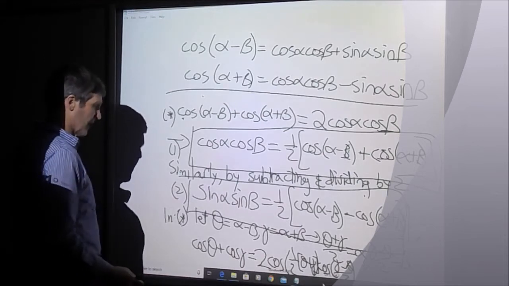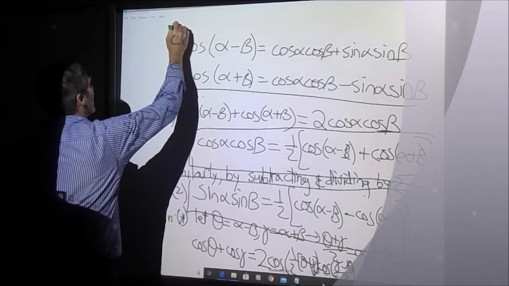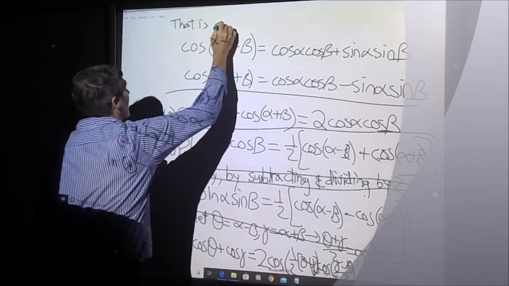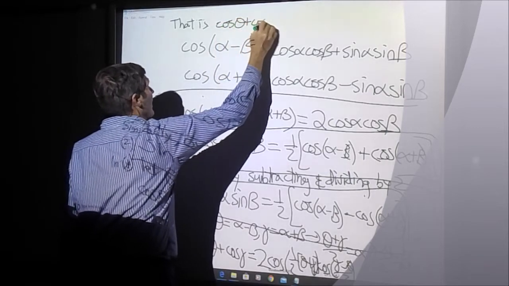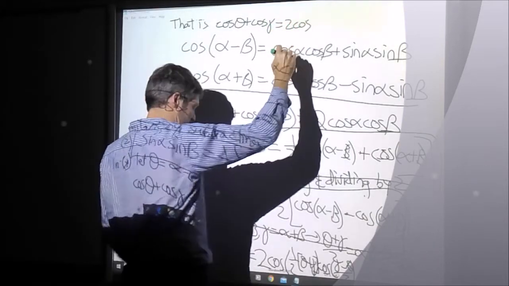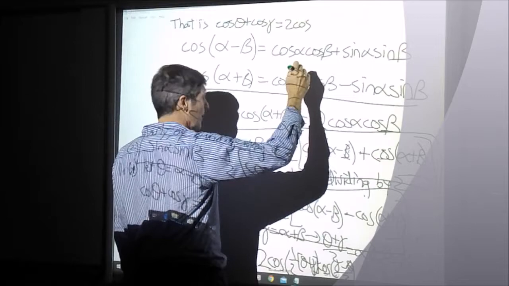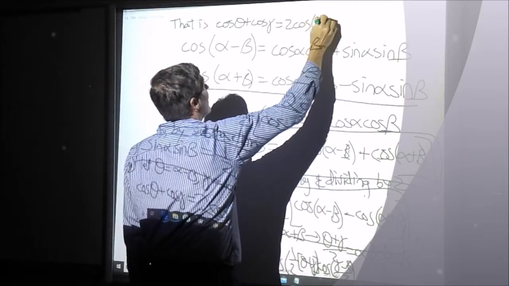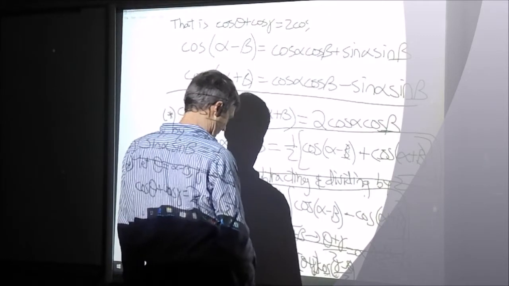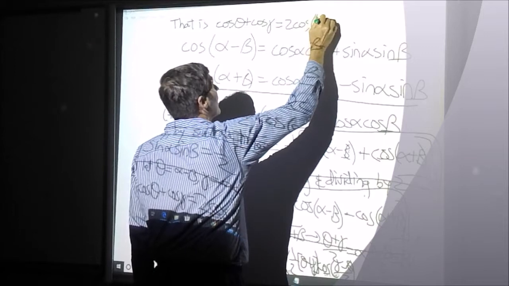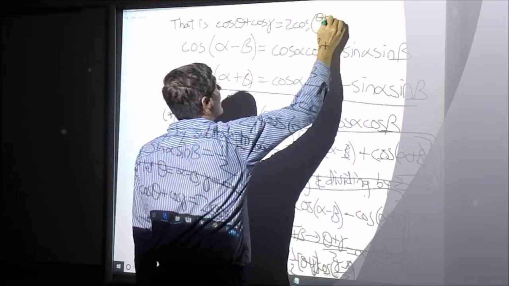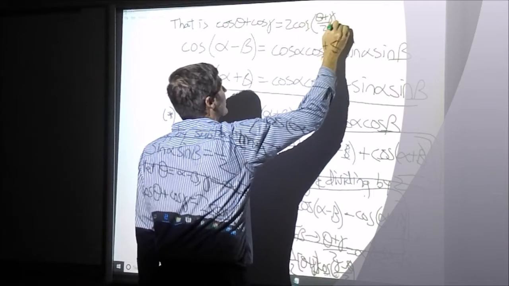We've now derived a double angle identity that cosine theta plus cosine gamma is twice the cosine of their sum over 2 times the cosine of their difference over 2.